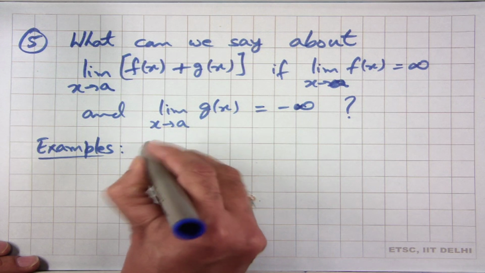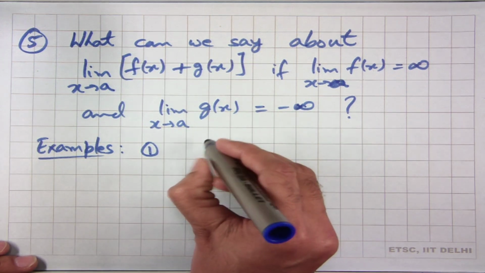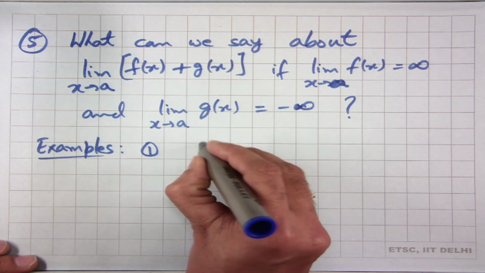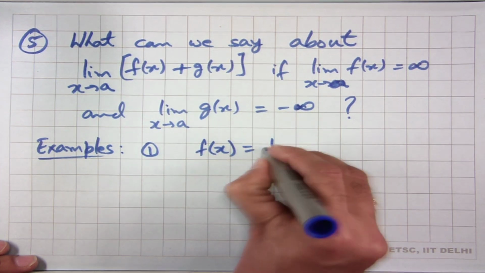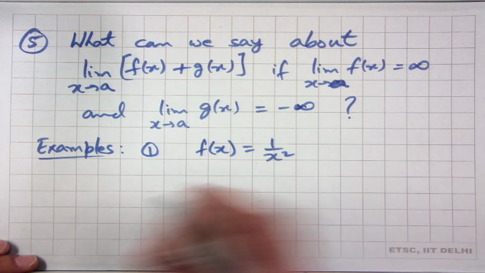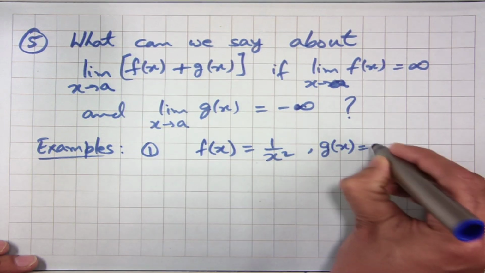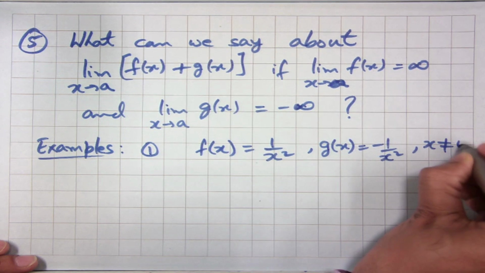One, let us take f x to be equal to 1 by x square and g x equal to minus 1 by x square, both are defined for x non-zero.